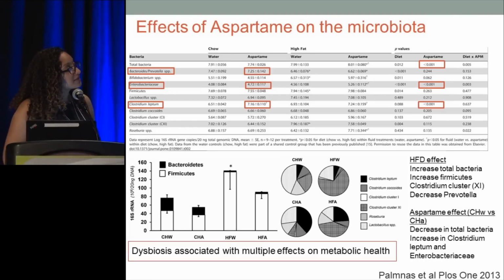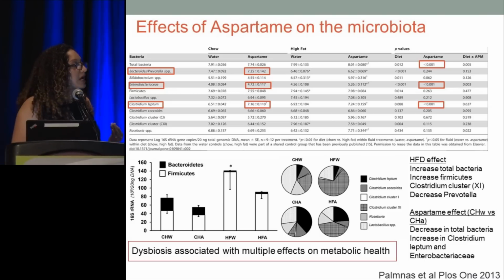Palmas and colleagues gave aspartame to Sprague-Dawley rats in the context of a normal chow diet or a high-fat diet. And in the rats that received aspartame under a normal chow diet, you saw a decrease in total bacteria, an increase in Clostridia leptum, and an increase in Enterobacteriaceae.